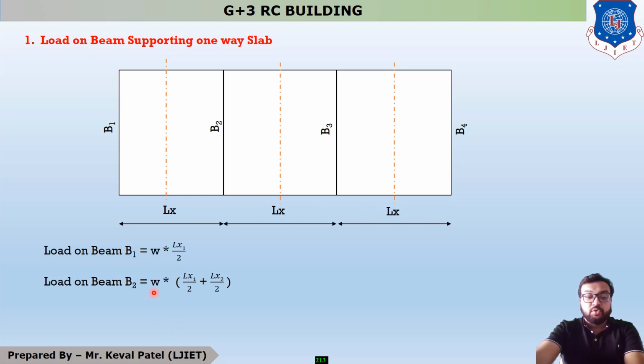It is W into 3 meter: 1.5 meters load coming from slab S1 and 1.5 meters load coming from slab S2. It means beam B2 takes a total 3 meter length load, 1.5 from left and 1.5 from right. So this is case number 1.